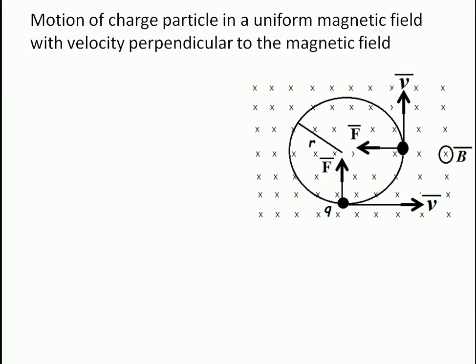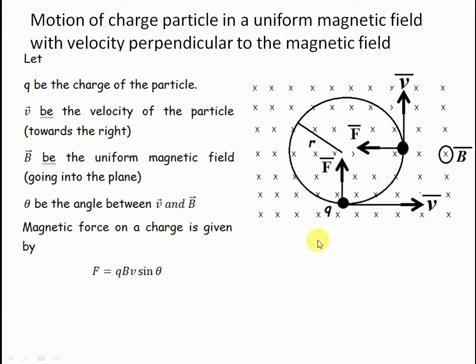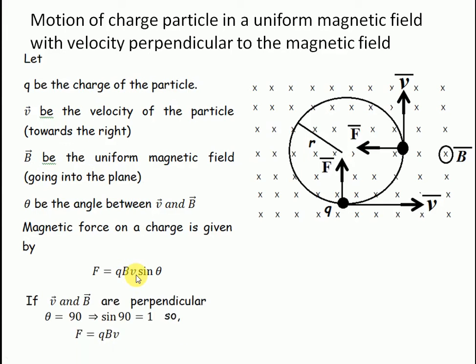Now let's derive the time period and the radius of the circular path that a charge is following. We are considering a uniform magnetic field which is going into the plane of the screen, and we have one charge Q which is moving with velocity v, and the angle between magnetic field and velocity is 90 degrees. So the magnetic force on this charge will be F = qvB sin θ.